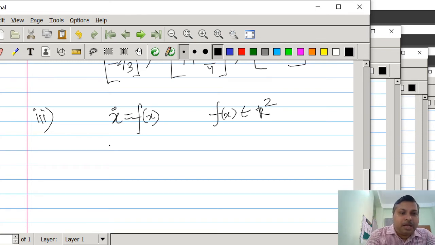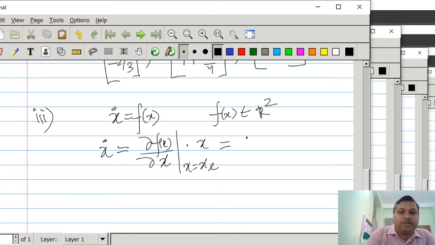Now we want to represent it as a linear system, by df by dx, by calculating the Jacobian, and it has to be calculated at x equal to xe, into x. It will simply be A into x.